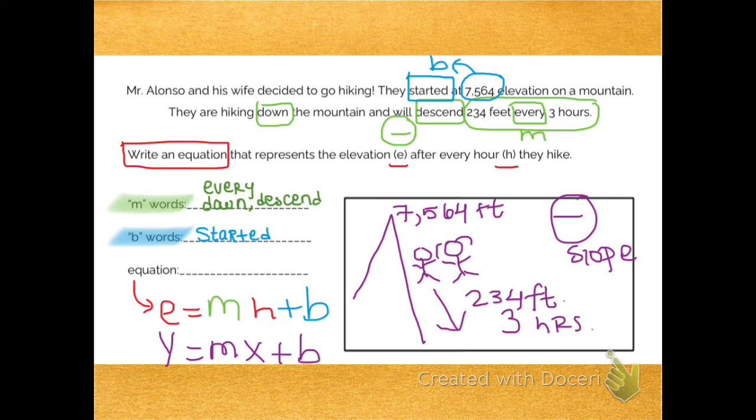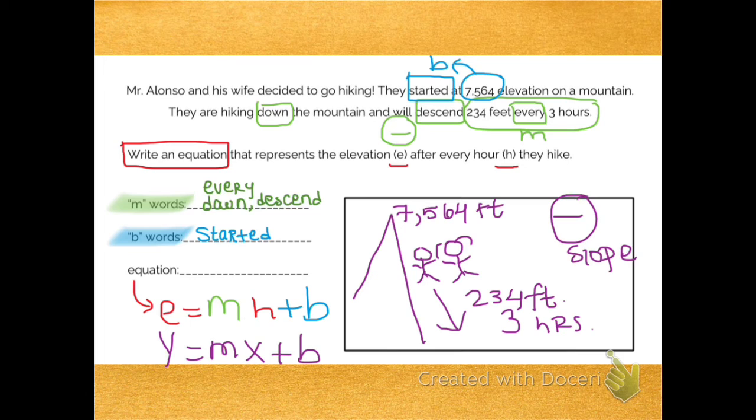And then I also went ahead and wrote down the equation that is going to be E is the elevation, which is used in place of Y, equals the M again, and then the H is used for X, plus the B value if it's positive, but it would be negative if it was a negative B value. Okay, so depending on what the slope is, well, we know it's a negative, so that M is going to be a negative.